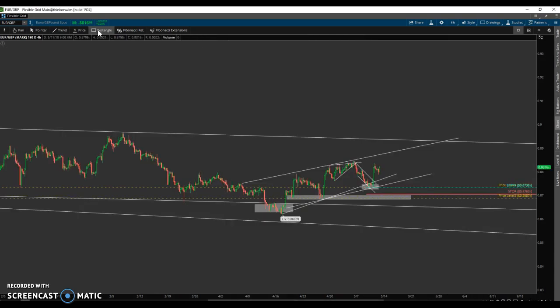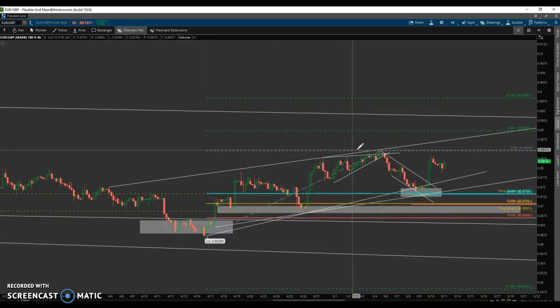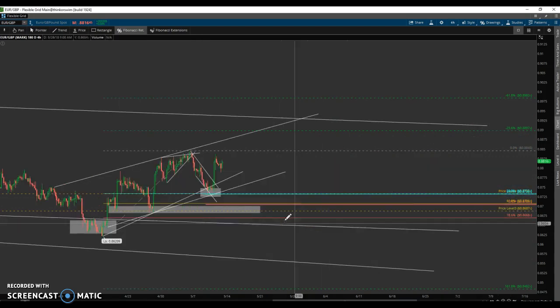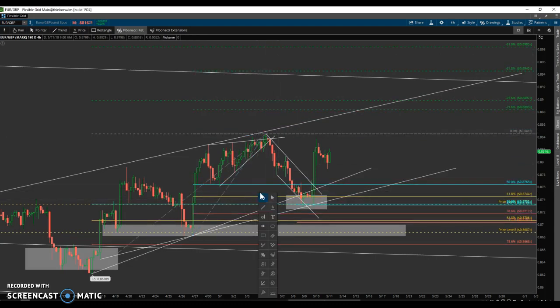Fib wise, where did I plan my fibs or draw them? From that low to the high that we've made most recently, you can see a nice 50% retracement. Additionally, if you bring in this impulsive move from our higher low point, we have a couple of nice fib levels.